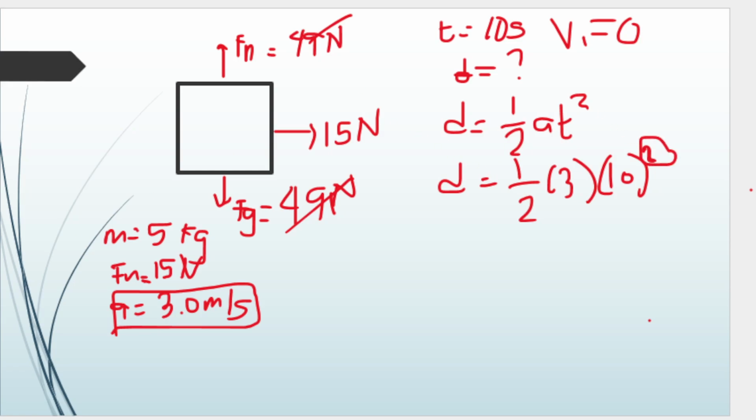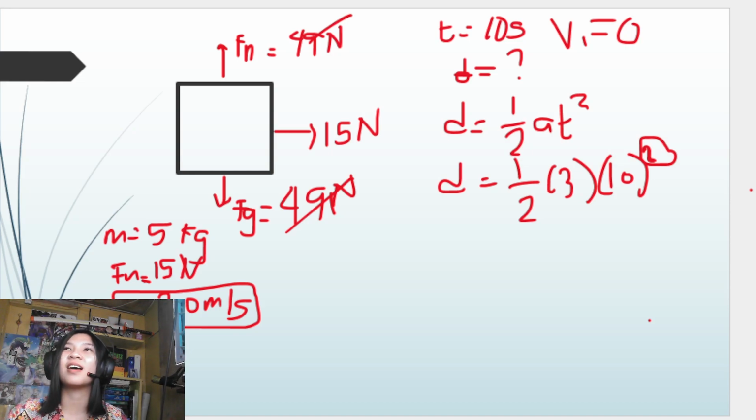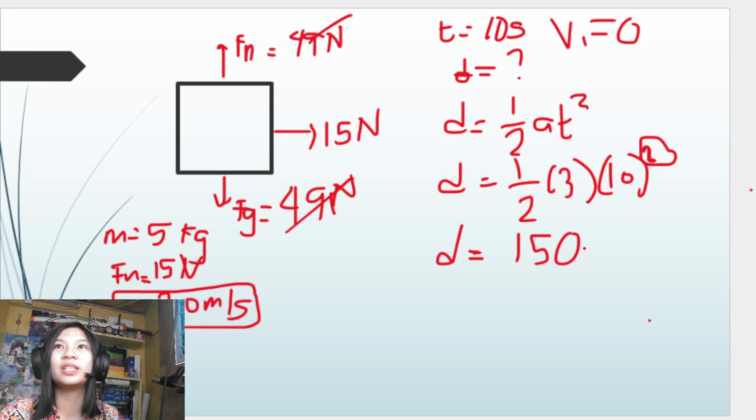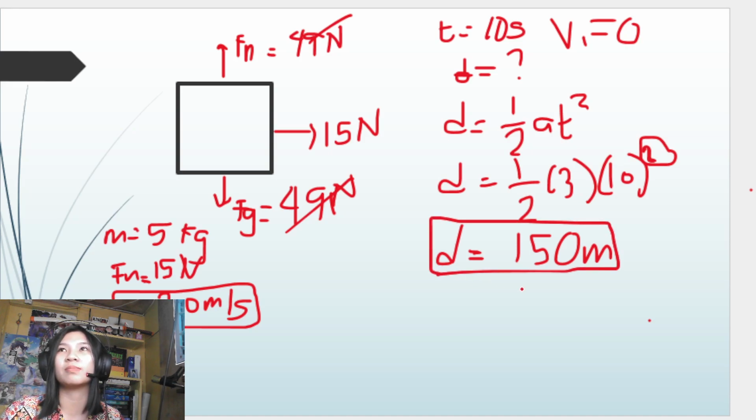That is what others forget, that time is squared in the third kinematic equation. So 1/2 of 3 is 1.5 times 10 squared, which is 100. So distance is equal to 150 meters. Okay, so that is your displacement.